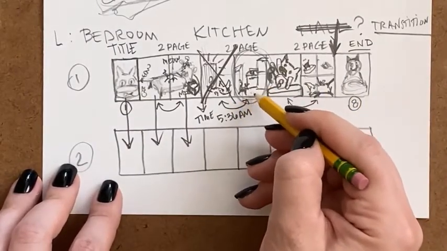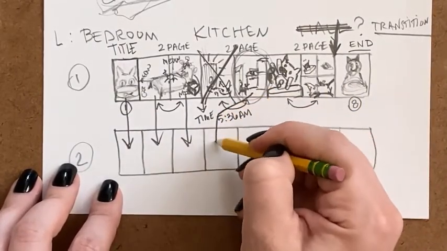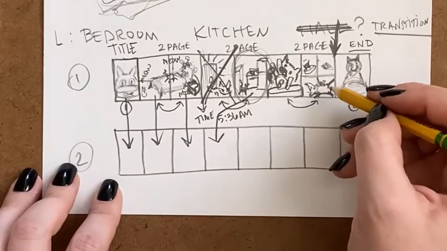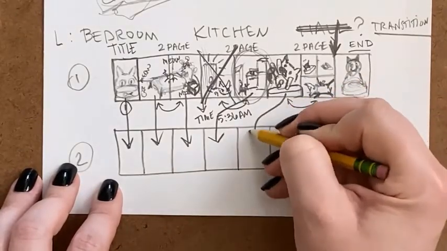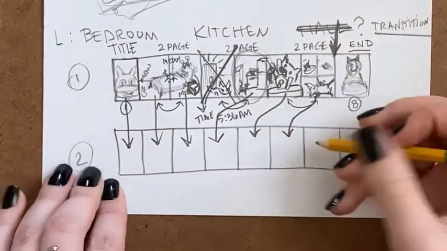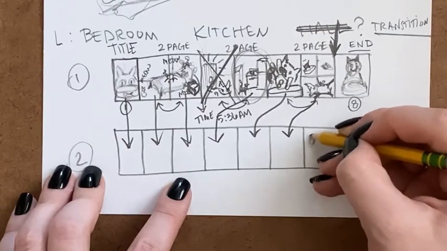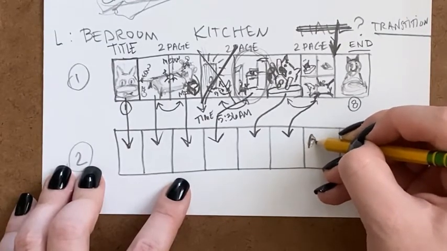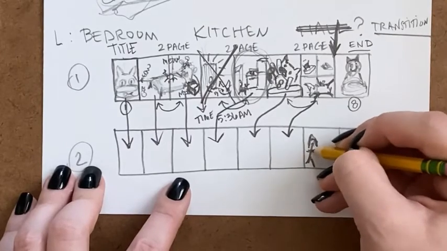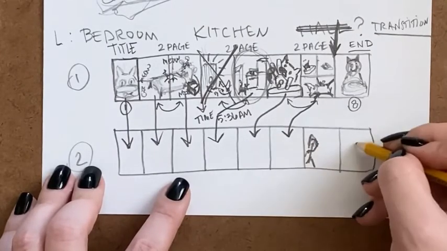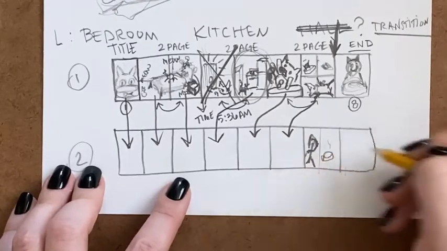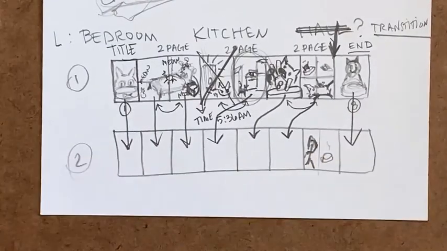So I'm going to put this one here, and this one here, and then this one here, and then I can have the owner walk into the room rubbing her or his eyes, and then open the can, and then the cat eating his food at the end.